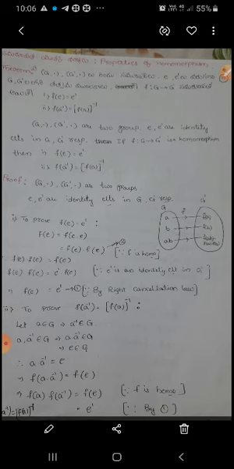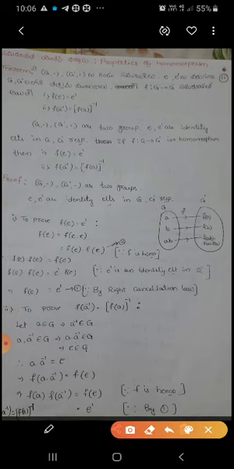Proof. (G, ·) and (G', ·) are two groups, and e, e' are the identity elements in G and G' respectively. First, we will prove f(e) = e'.